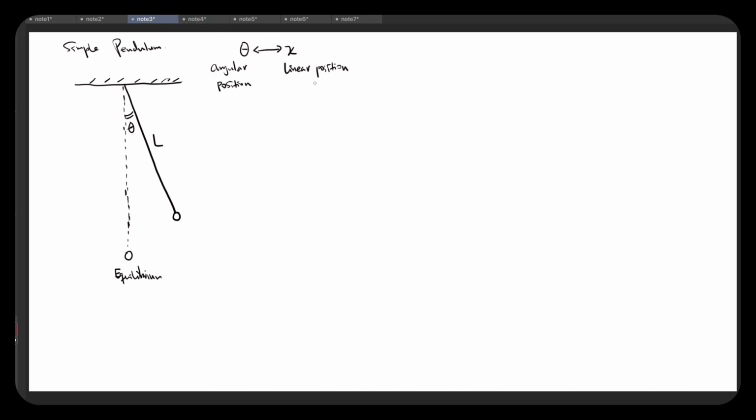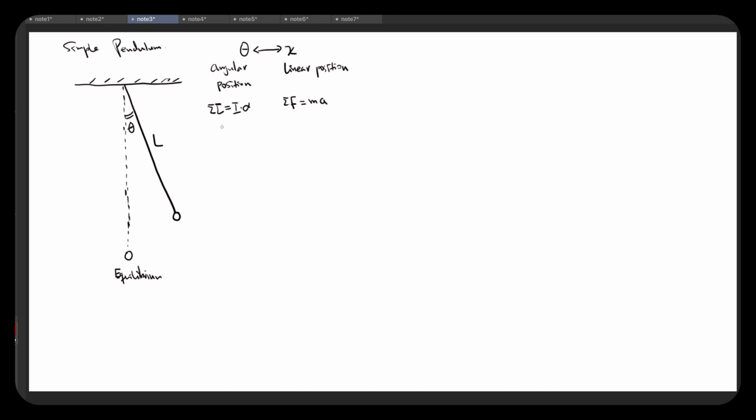Okay, so now the linear Newton's second law we know is net force equals ma. Okay, now for the angular kinematics, we remember that we need to talk about net torque. So net torque equals I times alpha. That's Newton's second law in terms of angular oscillations.